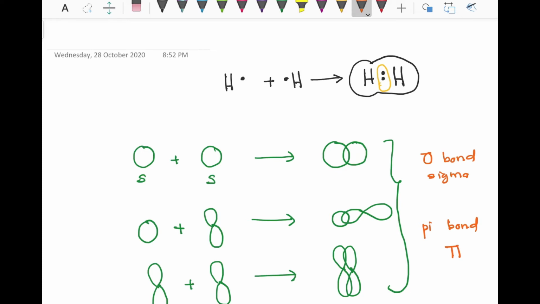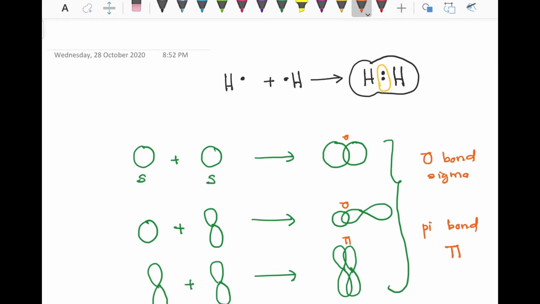The sigma bond is a bond formed when the orbitals overlap end-to-end. This is an example of a sigma bond, which is end-to-end overlapping. But the pi bond is the overlapping side by side. This is an example of a pi bond.